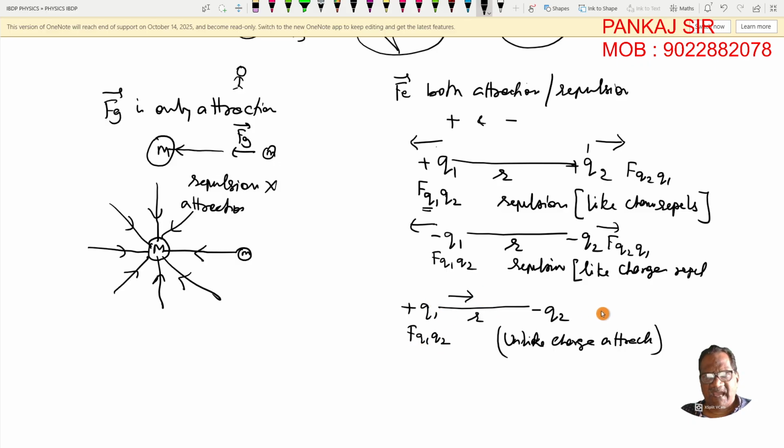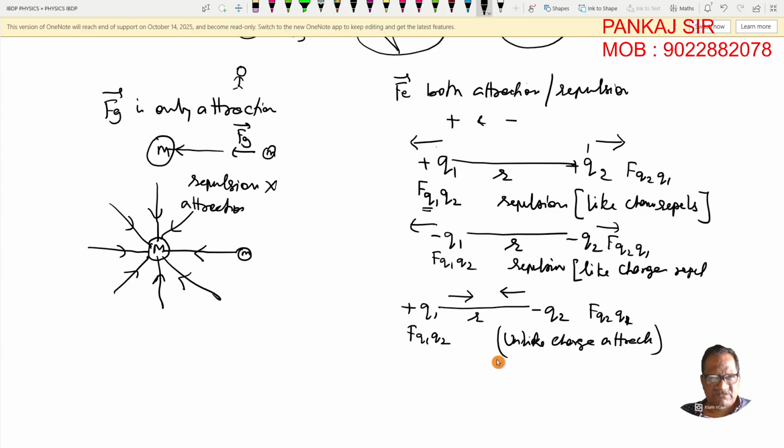And same way F Q2 Q1, that is the force acting on Q2 because of Q1, will be in this direction, isn't it? So can you see both are attracting towards each other, right? If you follow this norm, you will understand that like charges are going to repel each other, and unlike charges are going to attract each other.